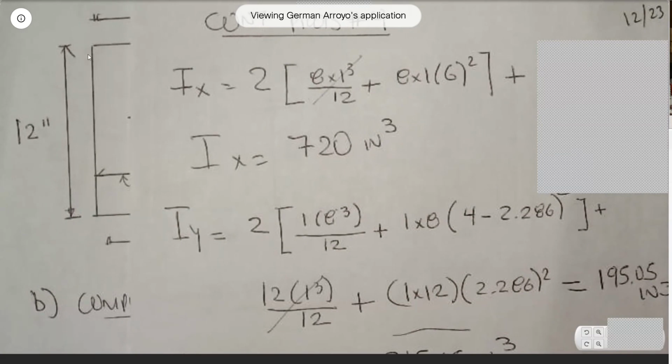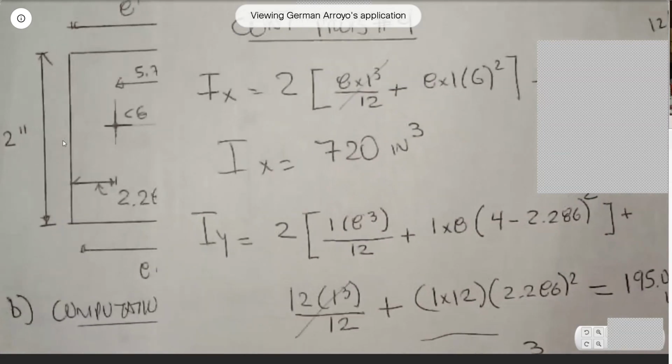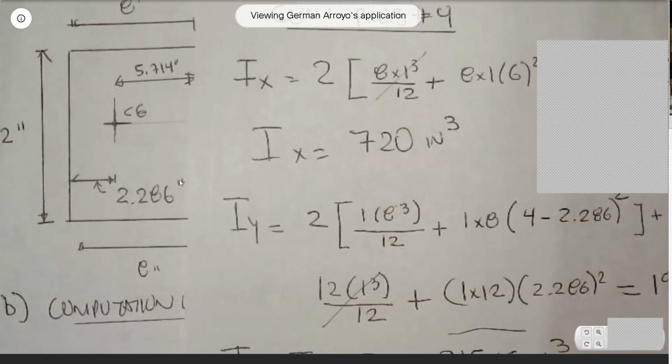And this is 1 cube, I'm throwing this away. What is large is 1 times 12, the area, times the distance squared. And the distance squared in here is 2.286. That's what I have in this side.